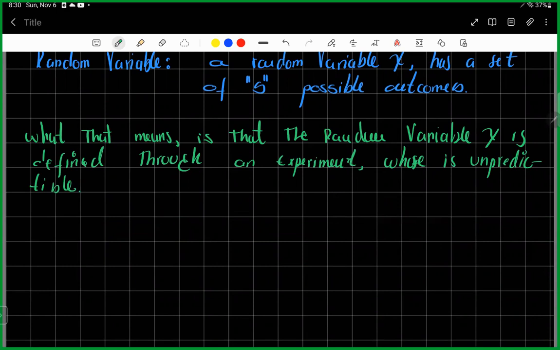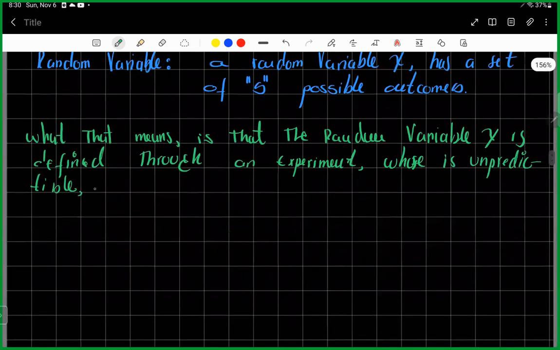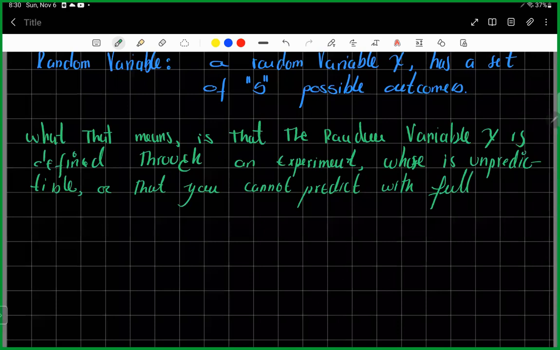You could maybe do a prediction, but it will have an uncertainty associated with it. So, or that you cannot predict with full certainty.